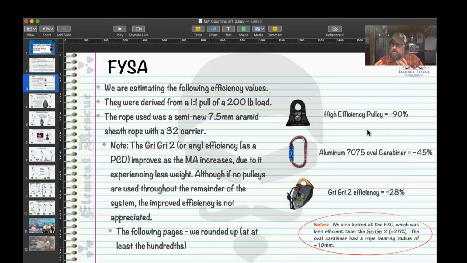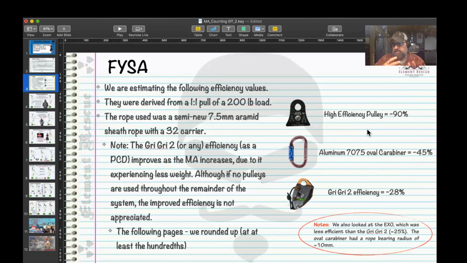Understand that when a pulley is advertised as 92%, 93%, or 89% efficient, that is taking into account that pulley efficiency is measured on a steel cord, just so they have an even playing field.